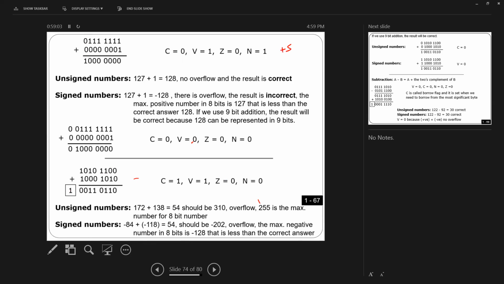If I tell you, convert +5 and store it in a byte, I can do it this way. Look here, guys. +5 in a byte: 1 0 1 0, and then 0 0 0 0. Is that okay? This is +5.